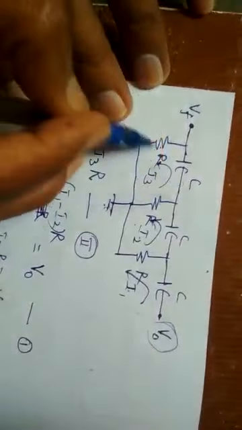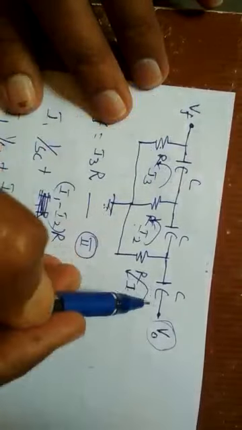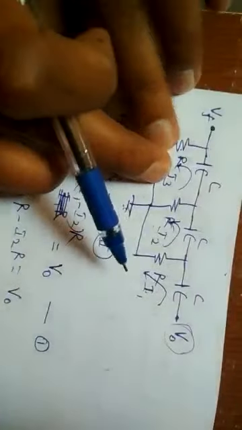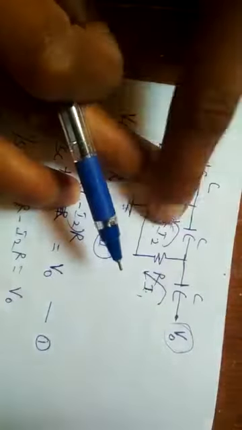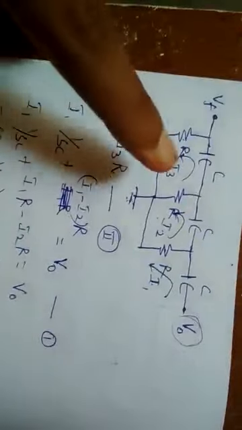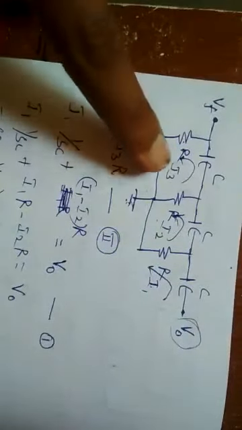Similarly, consider the first loop, means the third loop, RC. Here from left to right it is first, and from the input to output it is third loop, and the loop current is I3. This I3 flows through the C and is shared by these two resistors. So I3 into 1 by SC, I3 minus I2 into R, and plus I3R.